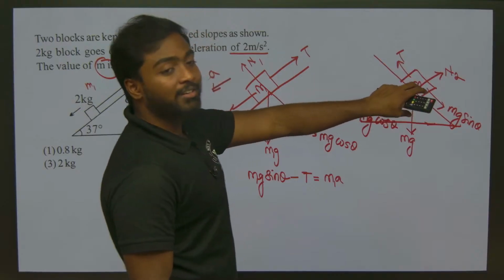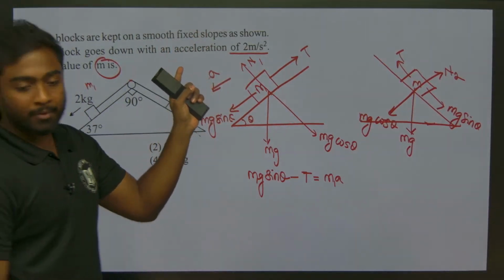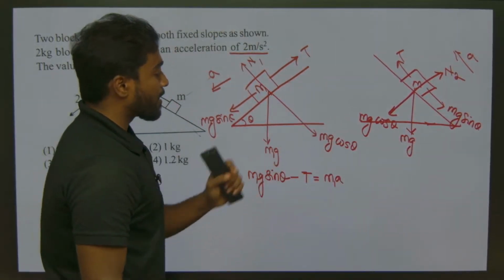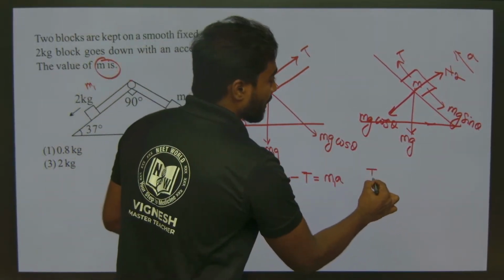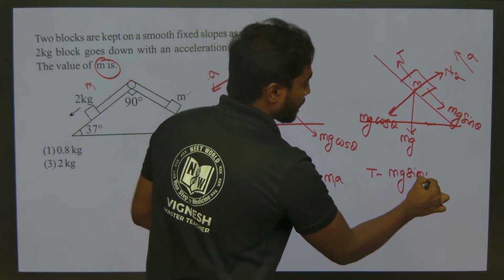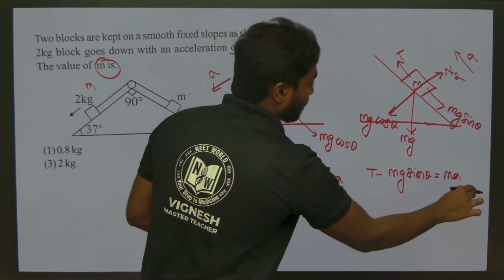For this block, which is the direction of acceleration? Towards up. So the equation will be T minus mg sin theta is equal to ma.